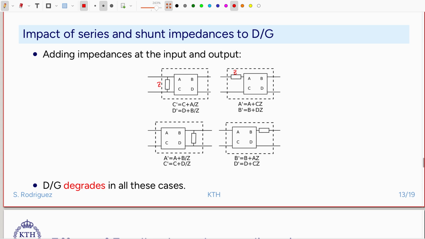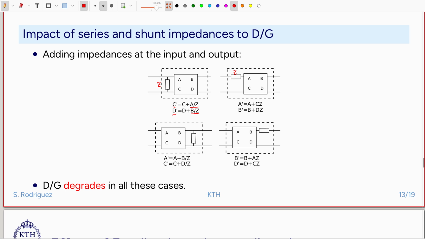What happens is that the factor C, the transimpedance, is increased. So it is increased, and then the current gain is also affected. So these factors increase, which means that the differential error to gain is degraded.